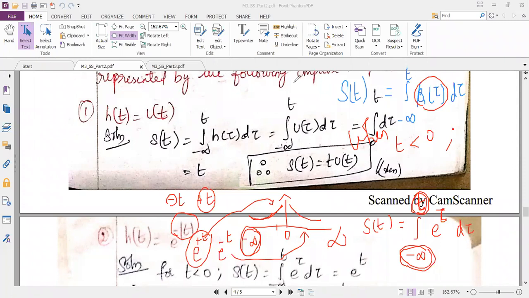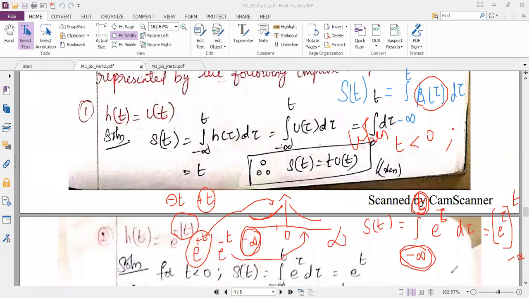What will be the answer? I have told e power minus infinity means what is the answer. E power plus infinity means what is the answer. So you know everything. So when you do the integration, you will have e power tau only, and you will be substituting t as the upper limit and minus infinity as the lower limit.